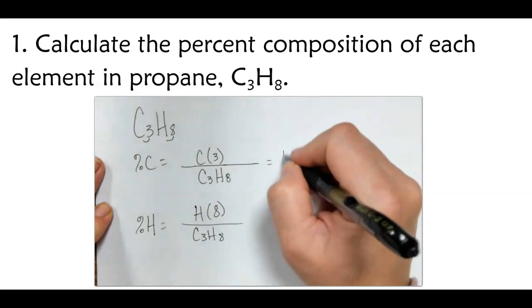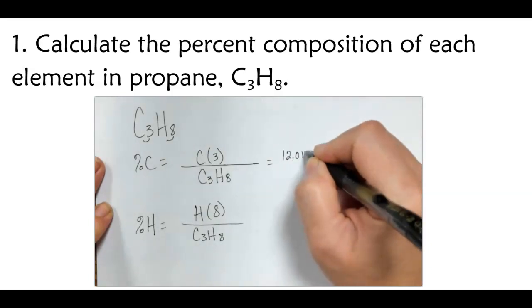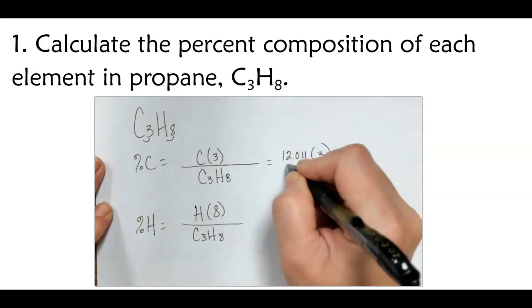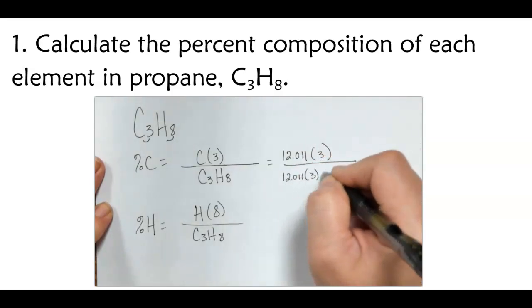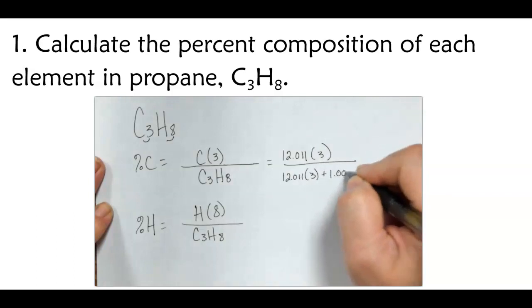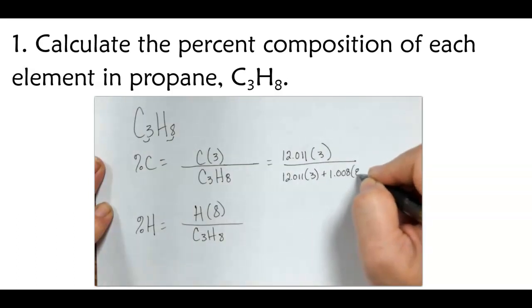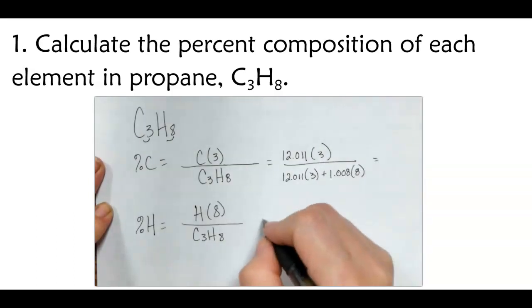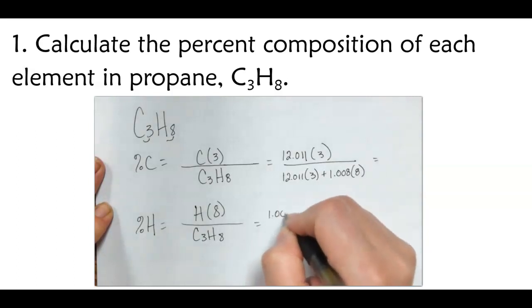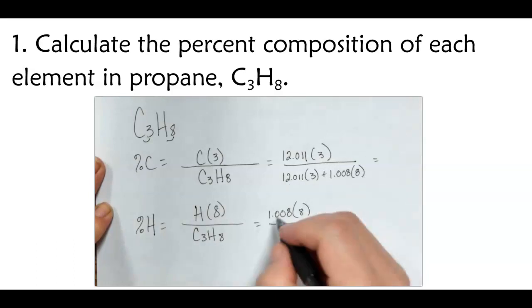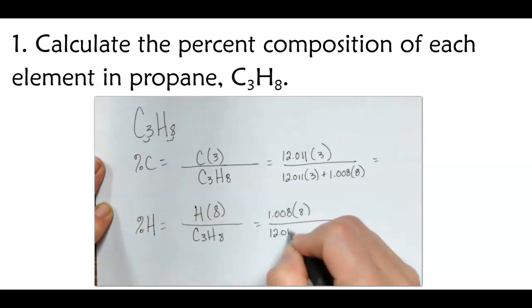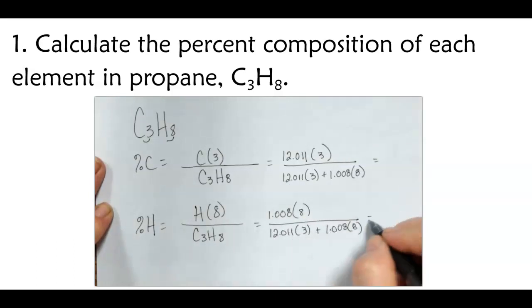So the mass of carbon is 12.011 times 3 divided by, and then we have 12.011 times 3 plus 1.008 times 8 equals. Down here we're going to have 1.008 times 8 of them divided by the same mass of the whole compound that we found up here equals.